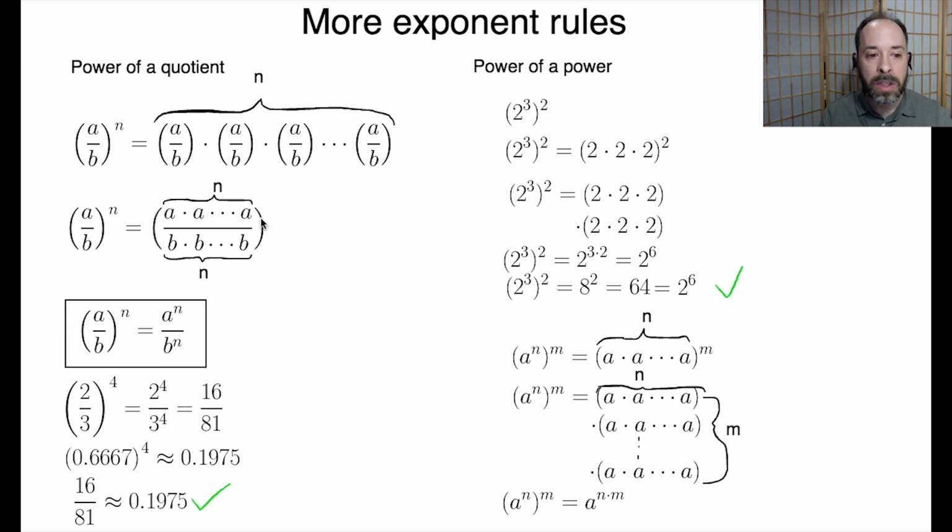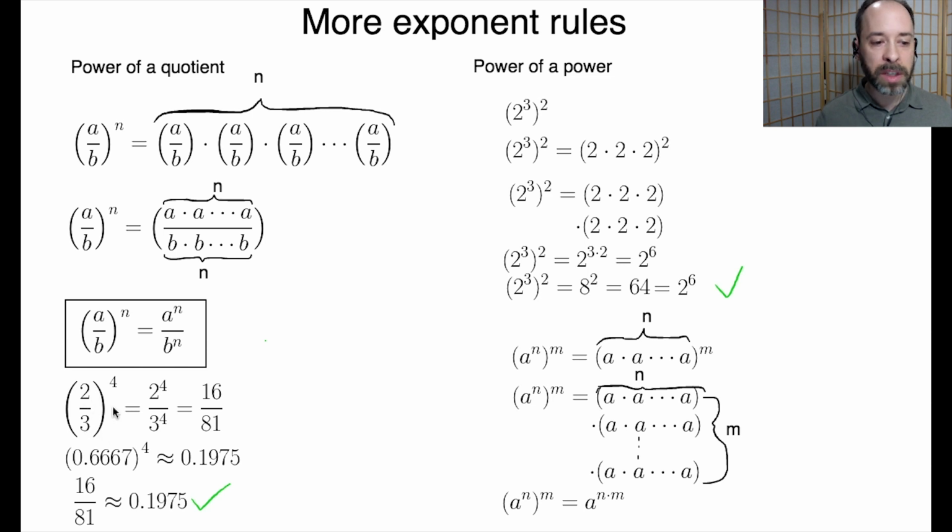According to our definition of exponentiation, that's the same thing as A to the n, n copies of A multiplied, over B to the n, n copies of B multiplied. So we've got it again. A over B raised to the power n, that n just comes into the A and into the B, and it looks exactly like this: A to the n divided by B to the n. It makes it simple.